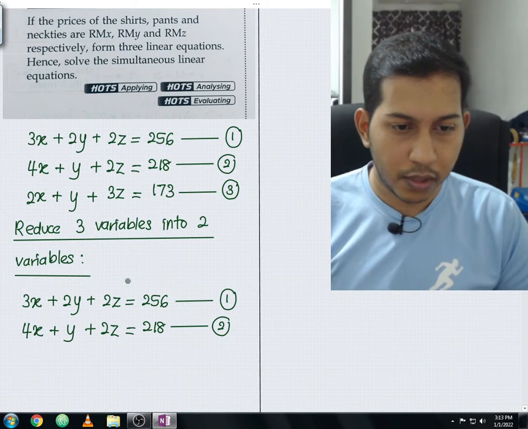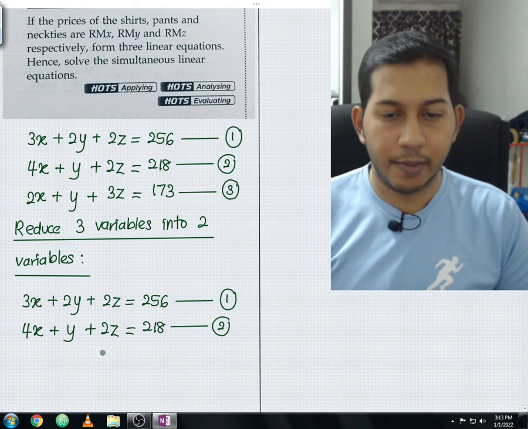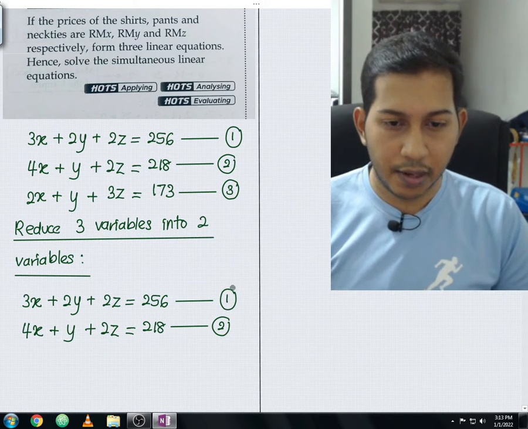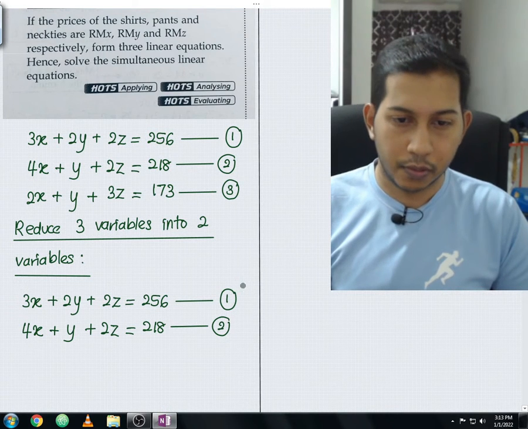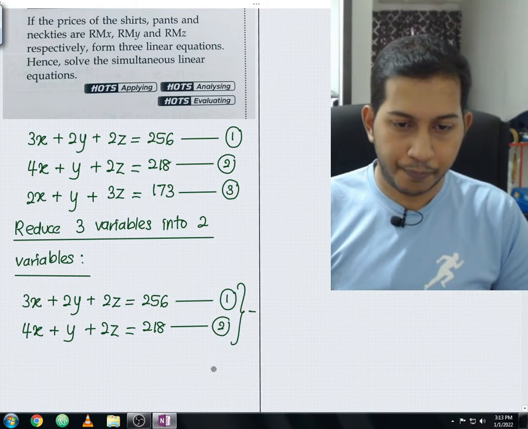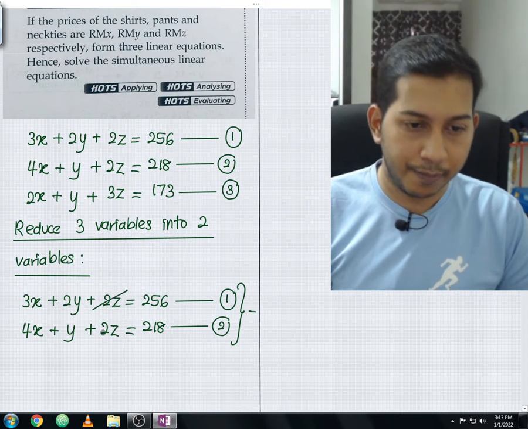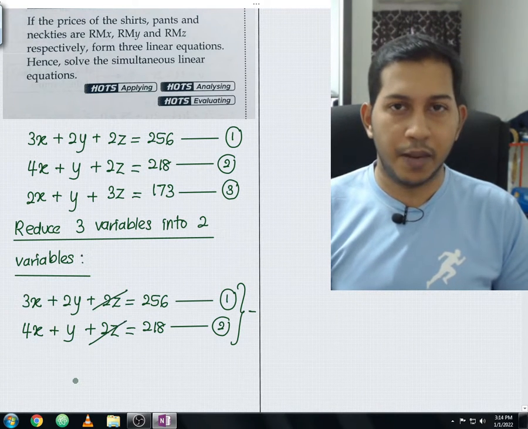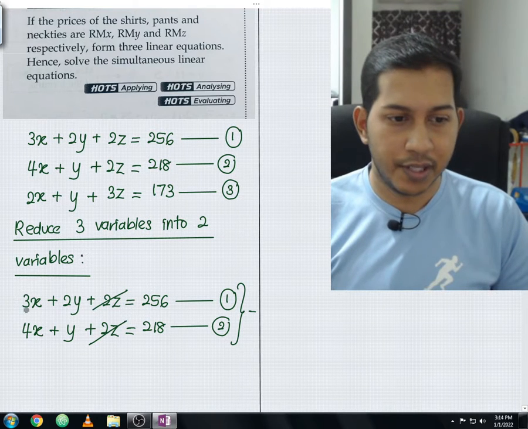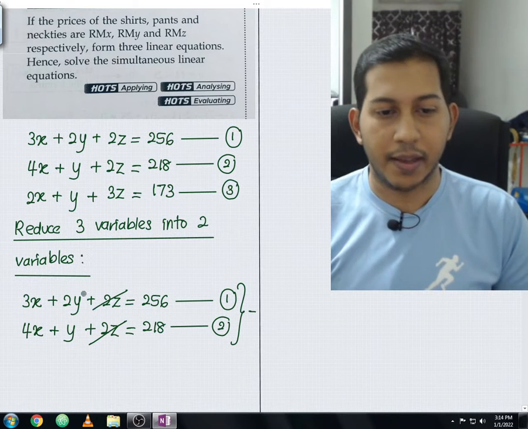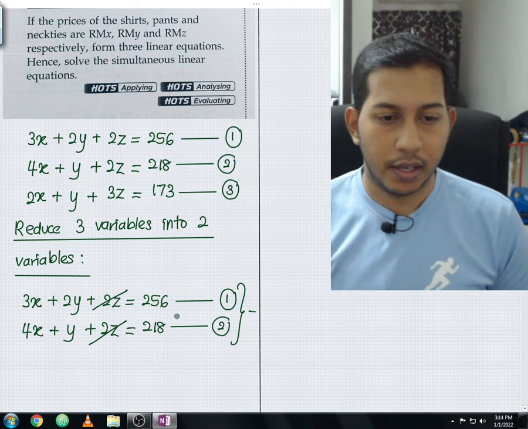Okay, so in order to eliminate the z variable, what we can do is equation 1 you can minus with equation 2. So you minus them both, so these z variables will get cancelled off. Now we can focus on the remaining 2 variables, which is x and y, and of course the numbers.